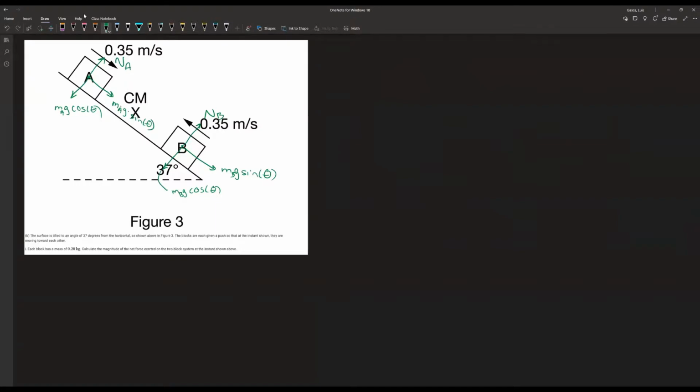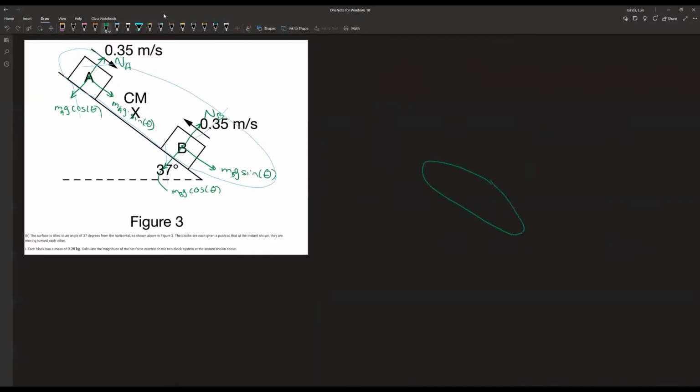Okay. So then we may be wondering, well, what the heck is the net force exerted on the system? So if we look at this, these forces cancel out. The components perpendicular to the ramp do not matter. All we really have in our system here, and we can do the blob method as before.